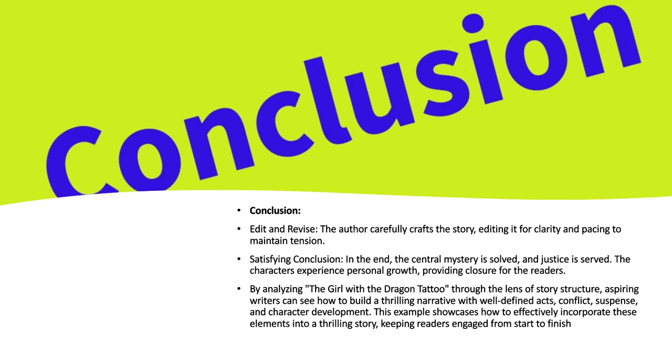By analyzing the plot design of The Girl with the Dragon Tattoo through the lens of story structure, aspiring writers can see how to build a thrilling narrative with well-defined acts of conflict, suspense, and character development. This example showcases how to effectively incorporate these elements into a thrilling story, keeping readers engaged from start to finish.